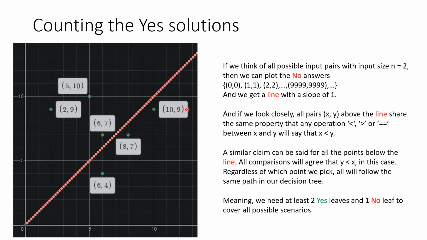If we ask the same question, the answer we will have is that y is less than x, or that y is not equal to x, and so on, meaning that we at least need 2 yes solutions, where we will be on this region and say yes, they are distinct because x is less than y, or yes, they are distinct because x is greater than y.